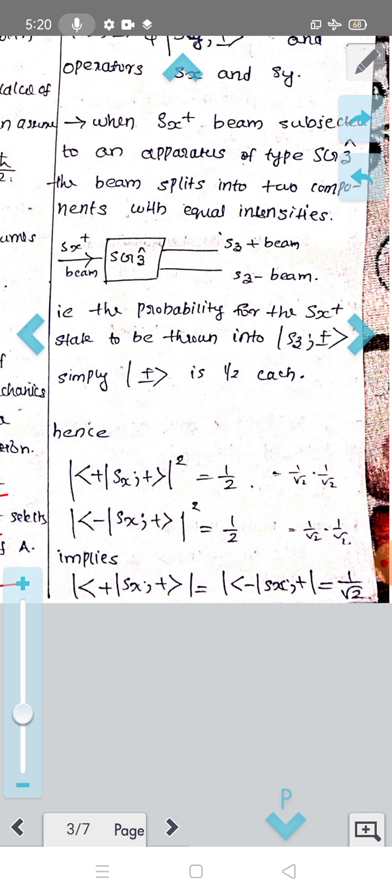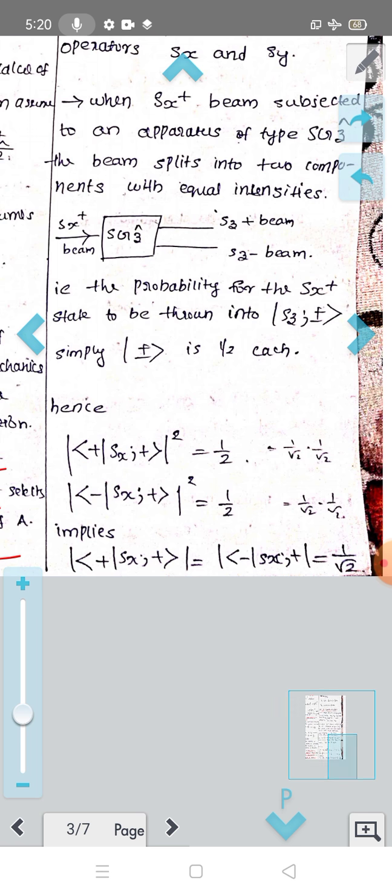They are equal, that is why we are taking half here. So from these two equations, modulus of <+|Sx+> is equal to modulus of <-|Sx+>, which is equal to 1 by root 2.